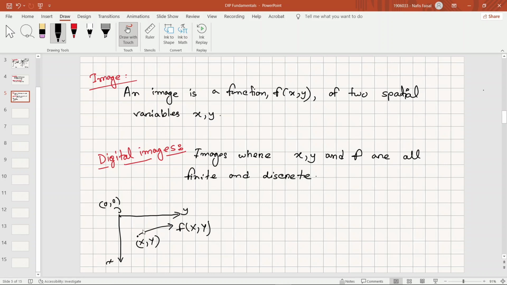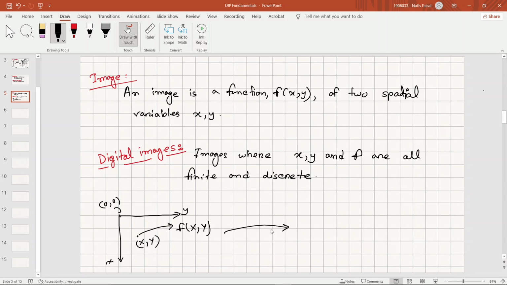Right now, we are concerned with a single channel, that is only black and white images, or even grayscale images to be precise. Now, what I was saying is this is a continuous image, because I haven't marked the grid or anything.